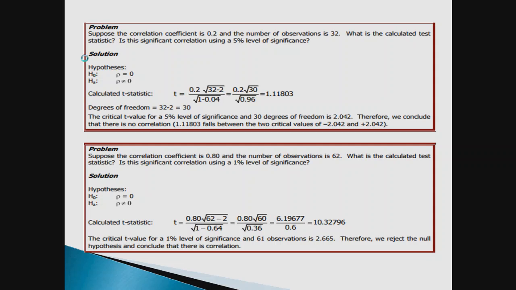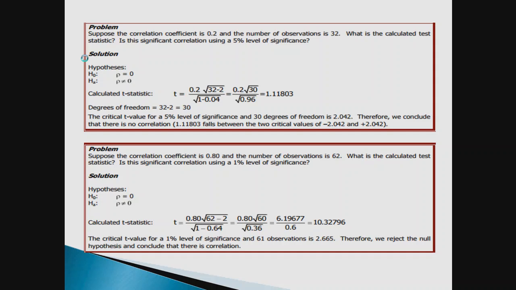Now if you calculate the t statistic, t is equal to 0.2, because the correlation coefficient r is 0.2, under root n minus 2, where n is 32, upon under root 1 minus 0.04. By calculating we get t equal to 1.11 and the degrees of freedom is 30.